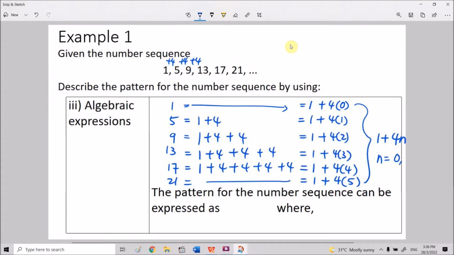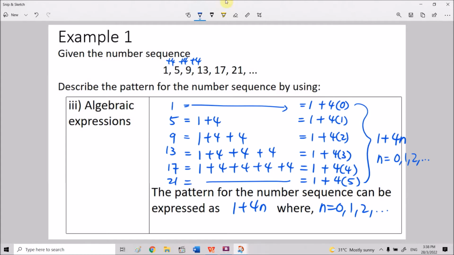So you write 0, comma, 1, comma, 2, comma, triple dots here to imply that the number is continuous. Hence, this is describing the patterns by using algebraic expression. If we want to complete this sentence, the pattern for the number sequence can be expressed as 1 plus 4n, where n equals to 0, 1, 2, and so on. This is the answer.